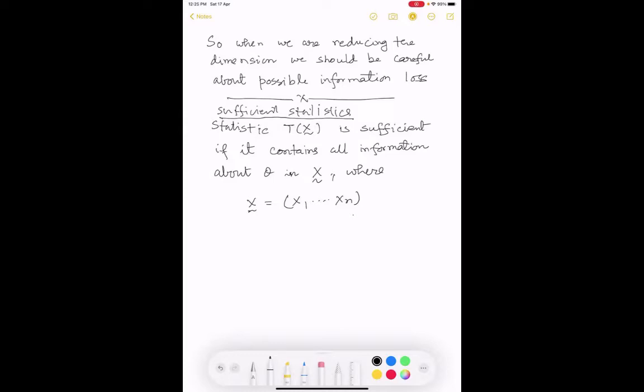But anyway, that's a different story. Fisher came up with this concept of sufficiency, and he gave a very weird kind of definition, and it generally takes quite a bit of time to understand the sufficiency principle the way Fisher did.